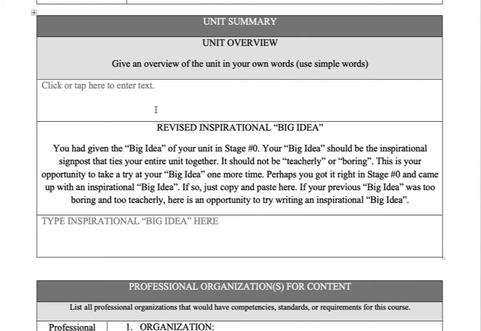Next, below that, you see the unit summary and unit overview. So you're going to go ahead and give an overview of your unit in your own words. Now, you want to make sure that you use simple words, so it's easy for the reader to understand.